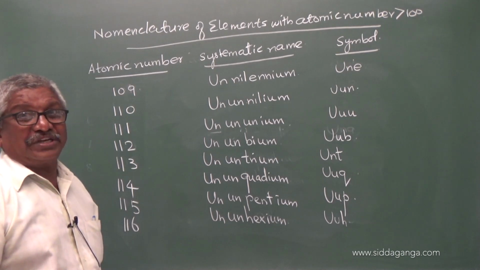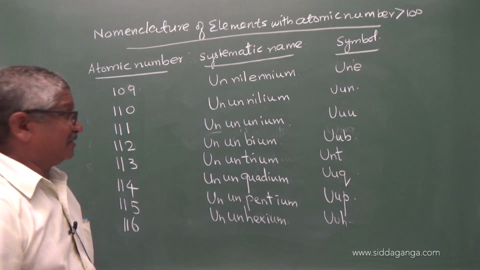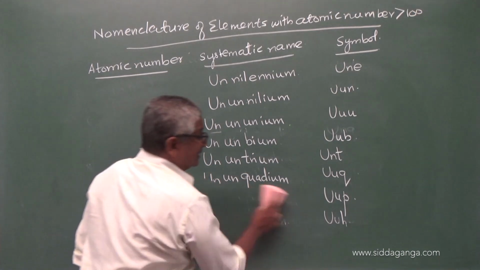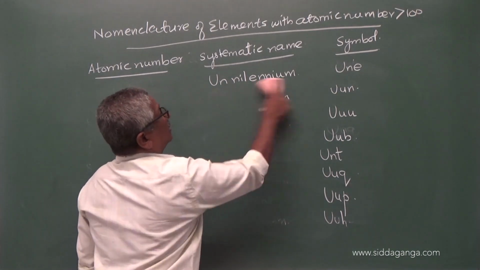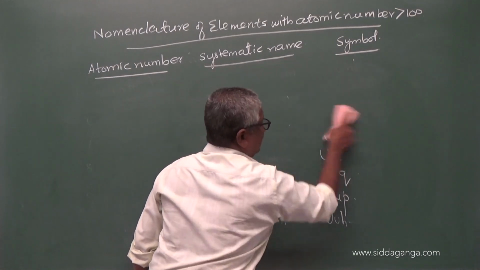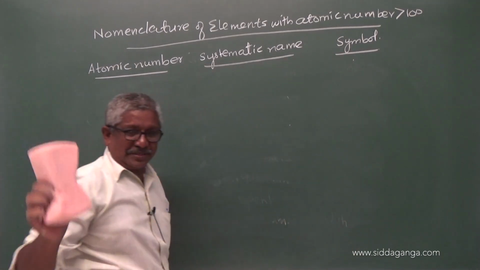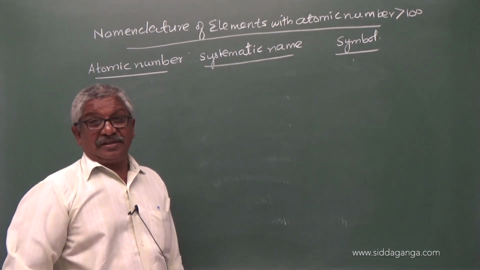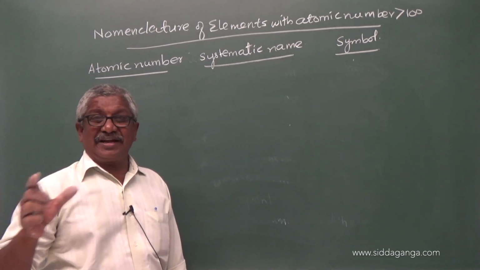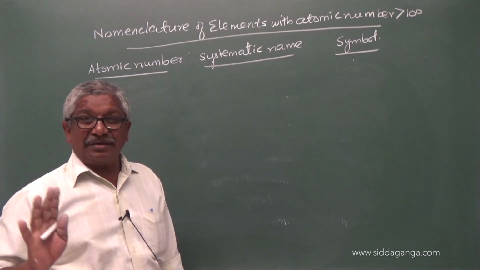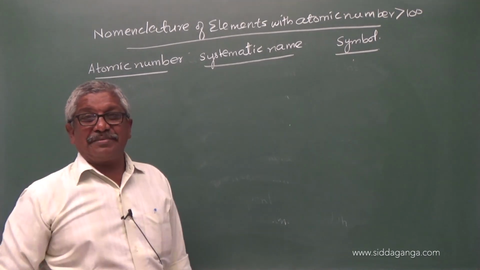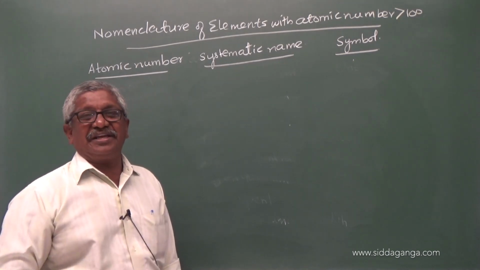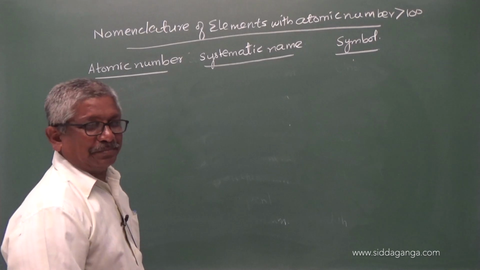Still 4 more elements we will write. 4 more elements, the same type of systematic name. Now you concentrate: they will give the numbers, you have to write the name in the annual examination. Just 106 or 109 or 110, they will give only the number, you have to write the systematic name by using the Latin words. That gives 1 mark in the annual examination and is very important.